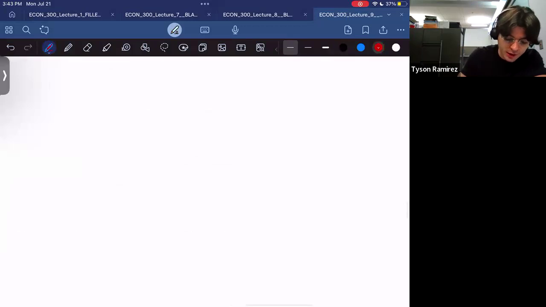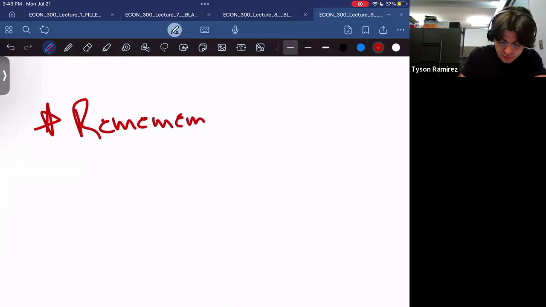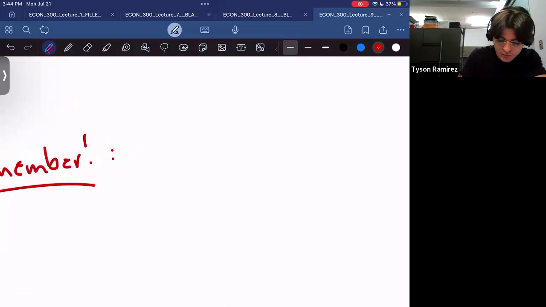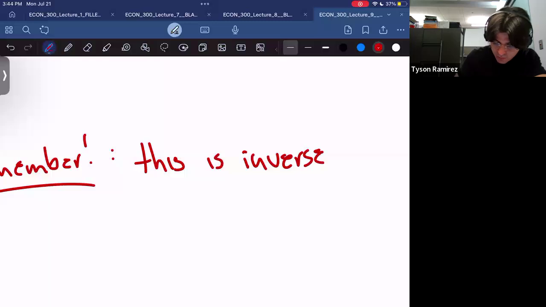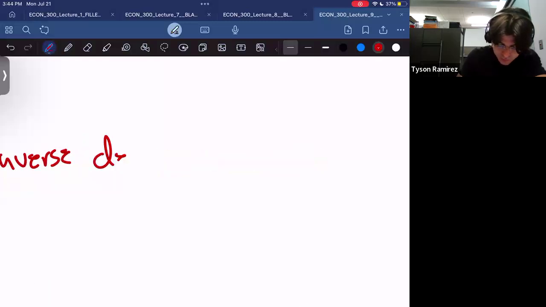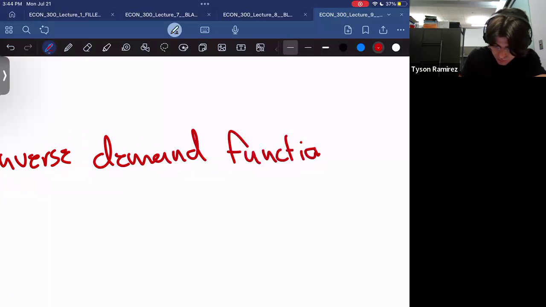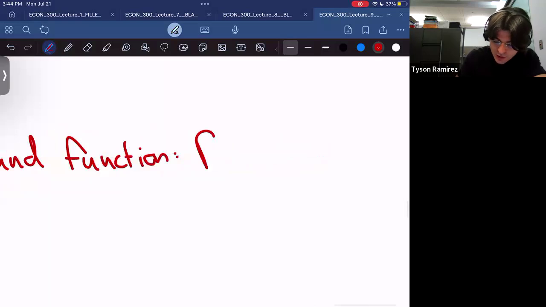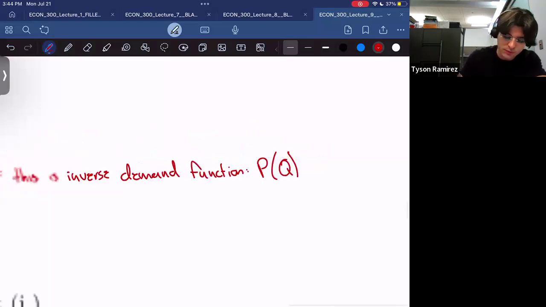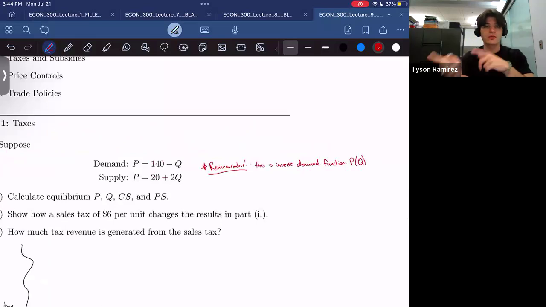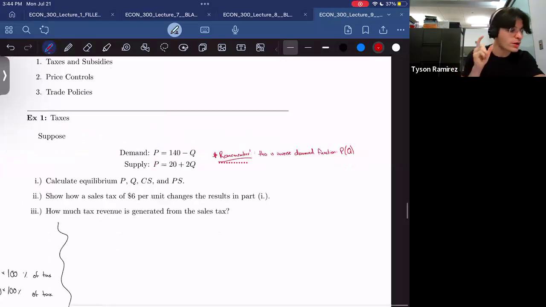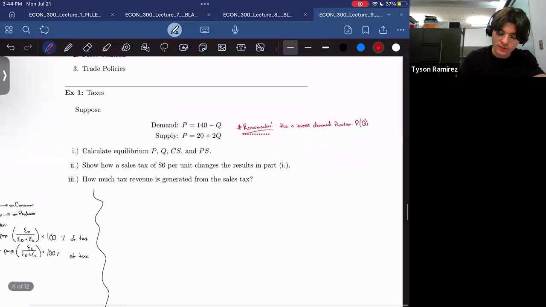I'm going to interject here and say, remember, this is the inverse demand function, and that's why we have price as a function of quantity. You can always go from one to the other.